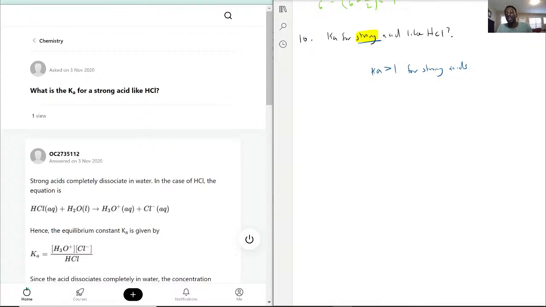Weak acids, at the opposite end, are where Ka is less than 1 but greater than 0. Why do we say this? When it comes to strong acids, you can search up an actual empirical theoretical number for its Ka, but once you have a Ka greater than 1, you are saying that it dissociates completely in a solution.